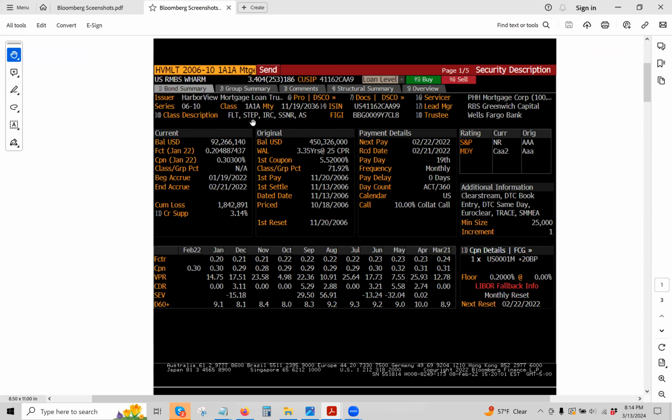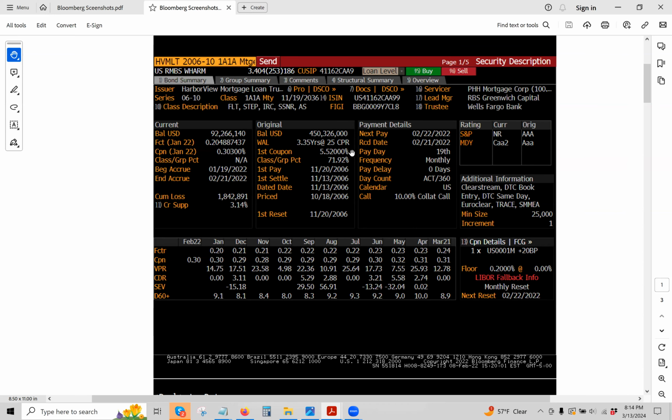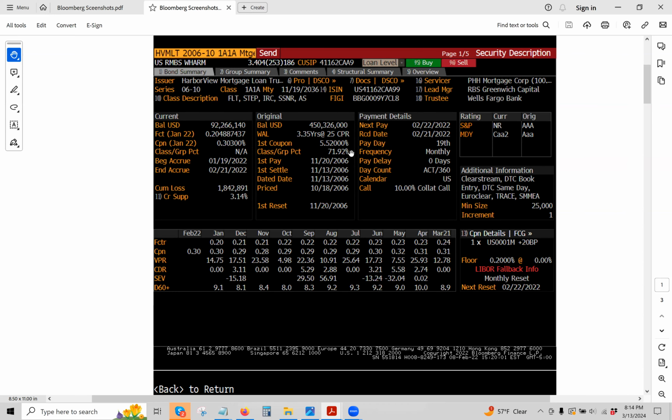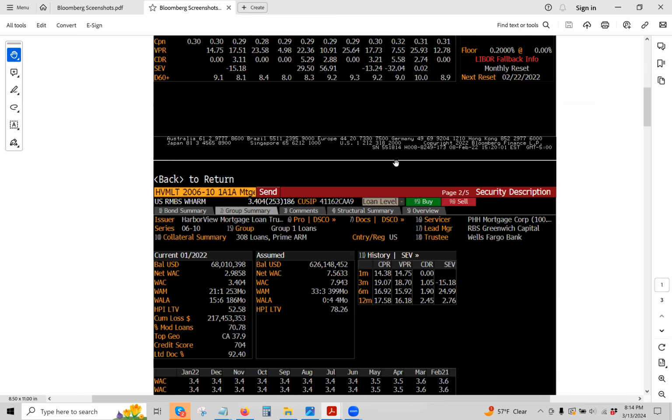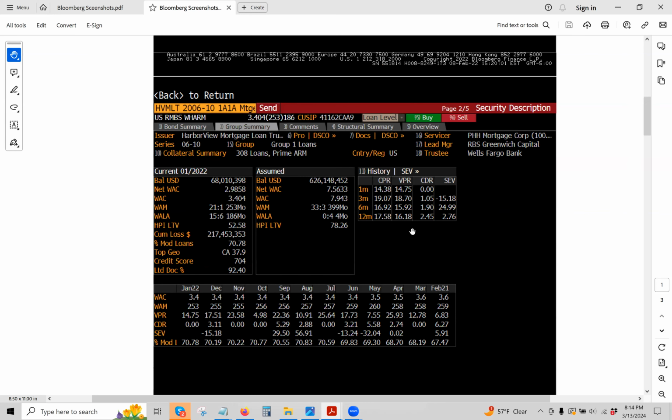And this one here also has the ISIN number here. It's telling you the servicer, the lead manager, and the trustee there. And again, you see the ratings on this side. And the CUSIP number here. And again, the group summary.